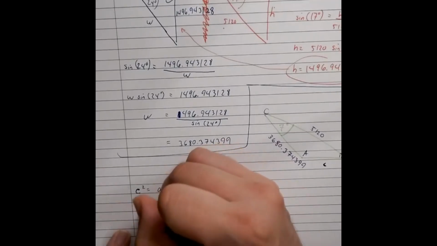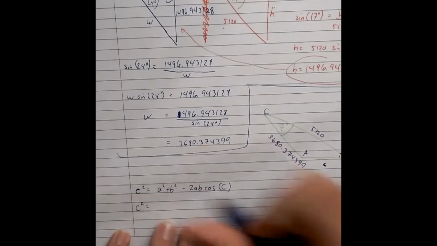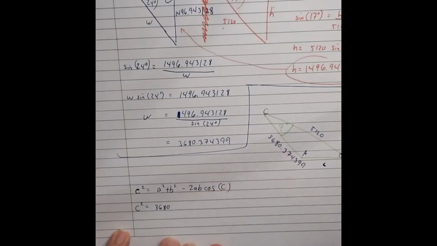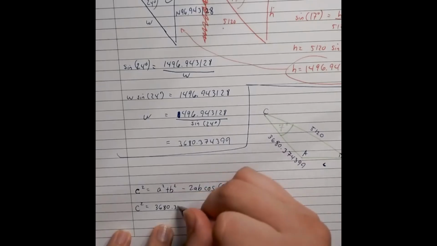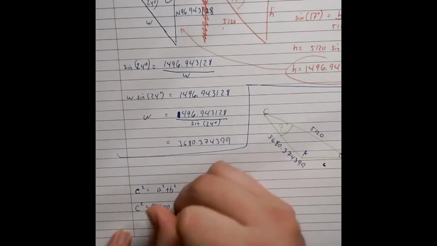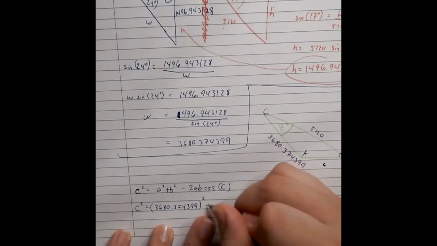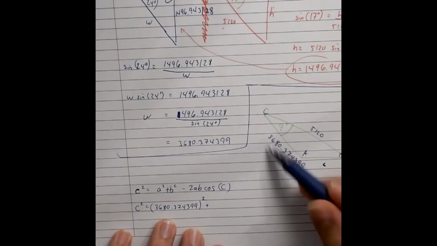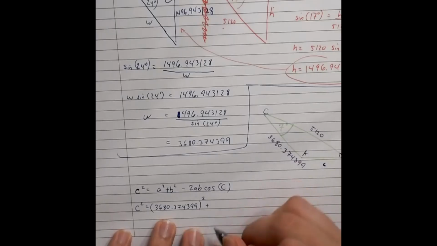C squared is equal to 3,680.374399 squared, plus my B. Oh, actually, I have those backwards. That should be my A, and that should be my B. But I'm doing the same thing to both, so it doesn't really matter.